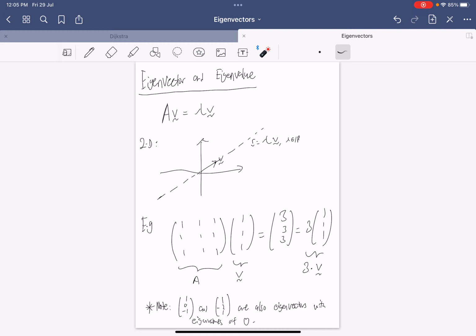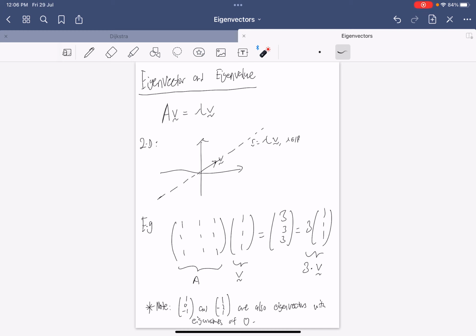So this is the definition of an eigenvector, and the eigenvalue is the corresponding value lambda that satisfies this equation over here. An example is the one shown below, where our A is a matrix filled with all ones, and V is 1, 1, 1.